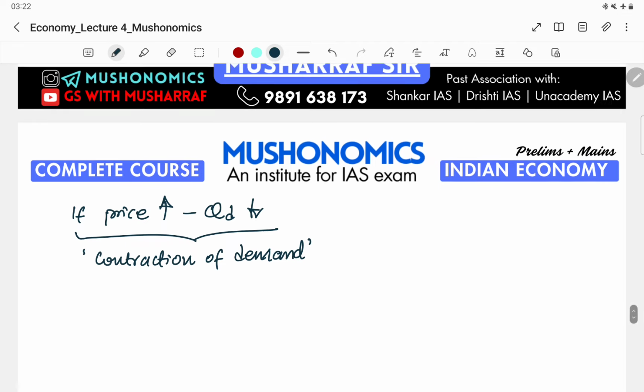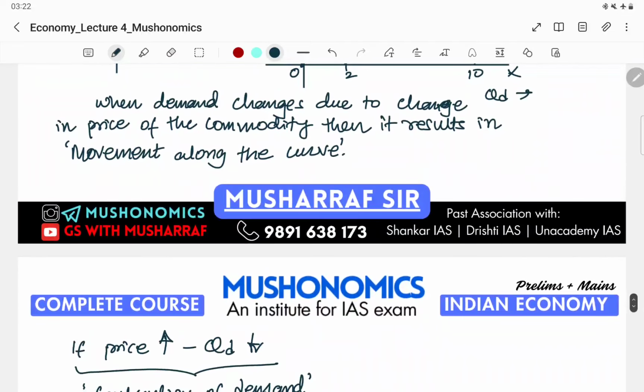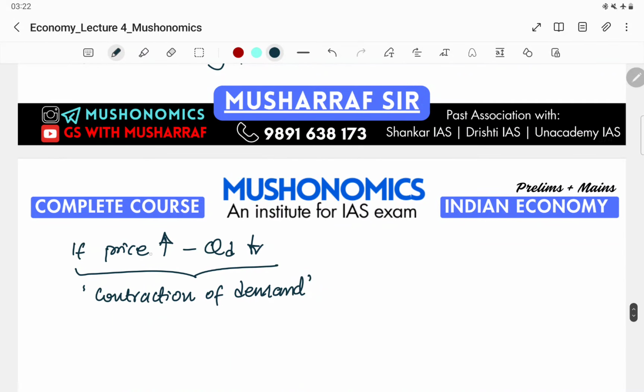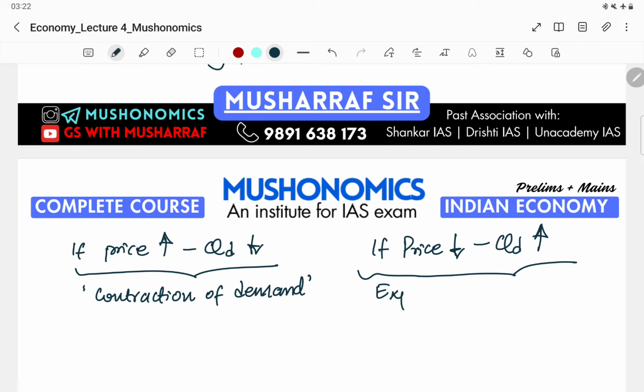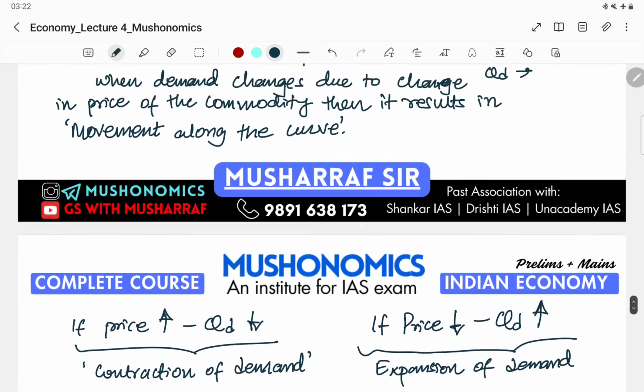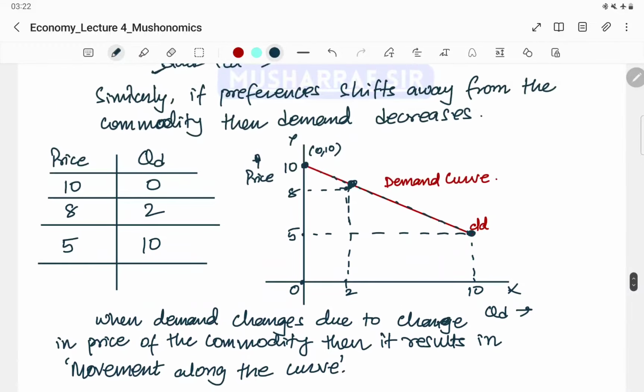Similarly, if price is decreasing, then quantity demanded increases, and it is known as expansion of demand. Understood? So this is contraction of demand and expansion of demand when we are moving along the curve.